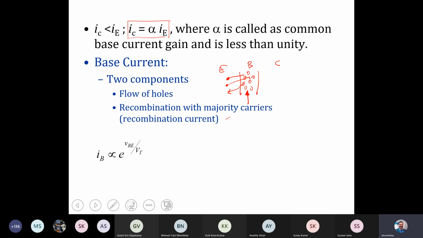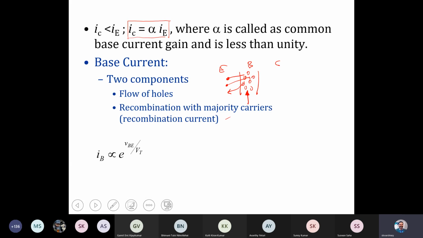So the first one, let's say I_B1, will follow the same V_B over V_T dependence. So we get I_B1 as A_E q D_P n_i squared divided by N_D L_P, times exponential V_B over V_T.